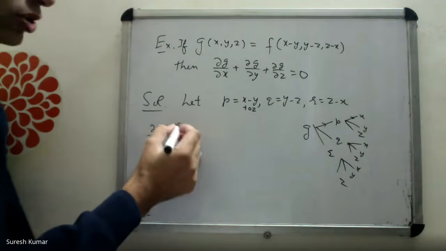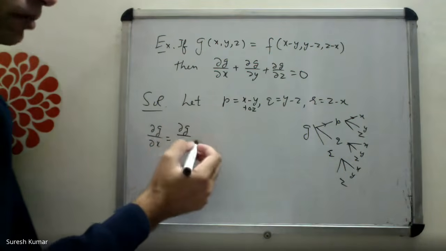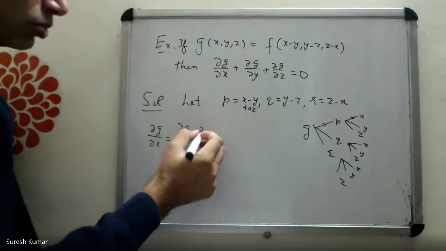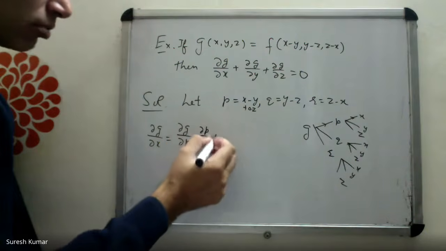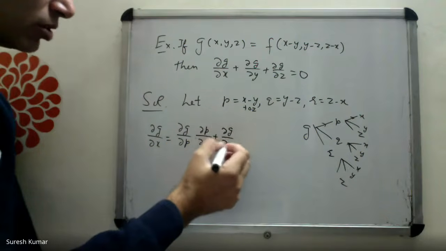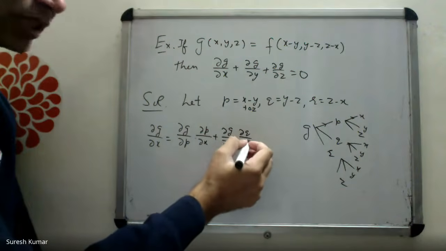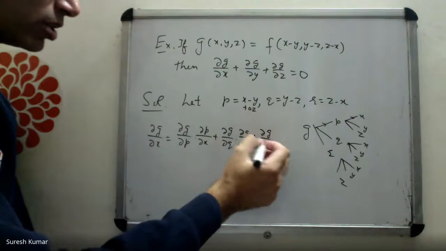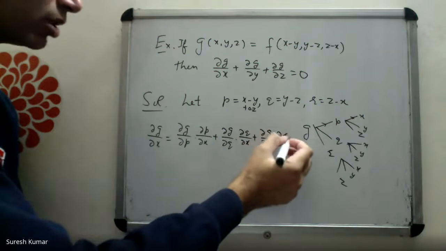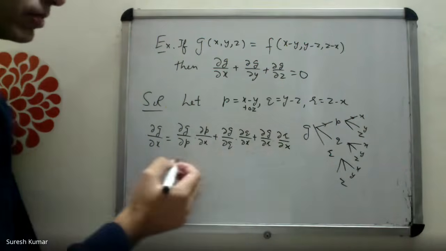Okay, use the chain rule. Partial g over partial p into partial p over partial x plus partial g over partial q into partial q over partial x plus partial g over partial r into partial r over partial x.